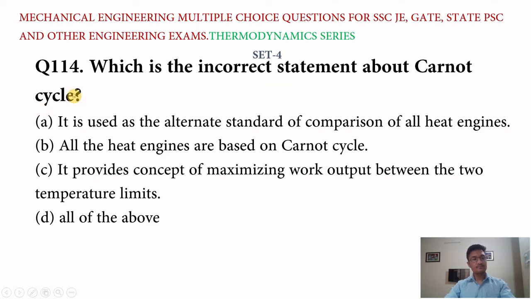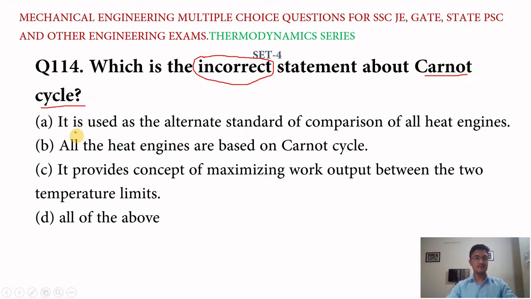Next question: which is incorrect? These words are most important to remember during the examination, because most people get confused by words like correct, incorrect, wrong, right, accept, etc. Which is the incorrect statement about Carnot cycle?